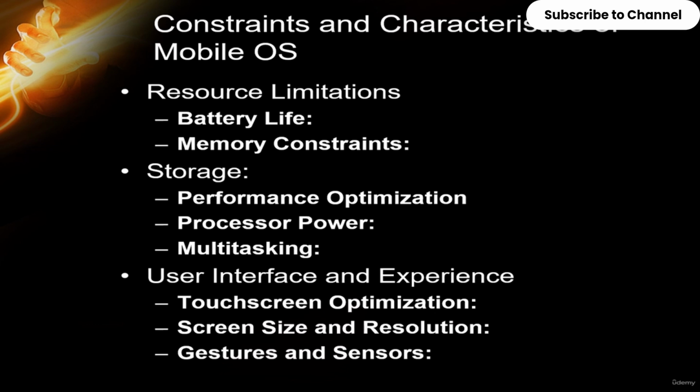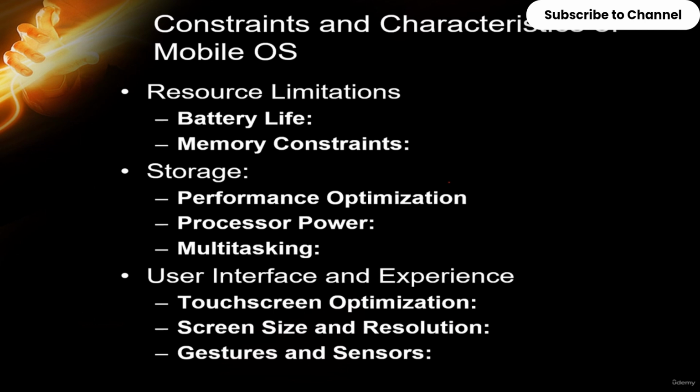Power consumption is a main concern when we are using a mobile phone or laptop. The battery needs to be used properly by the operating system we are using. The operating system should manage power consumption by optimizing background processes, screen brightness, network usage, everything.